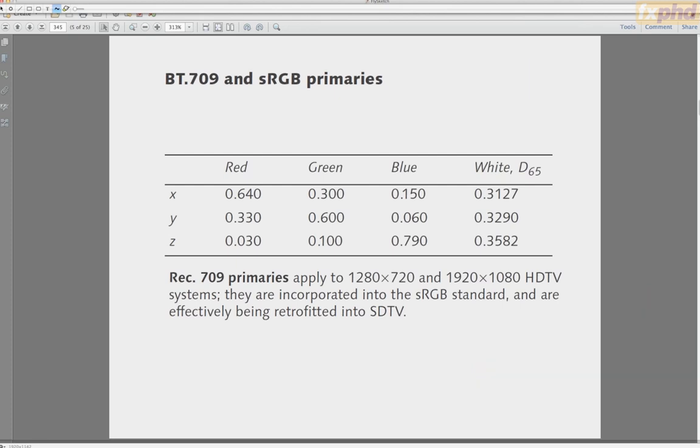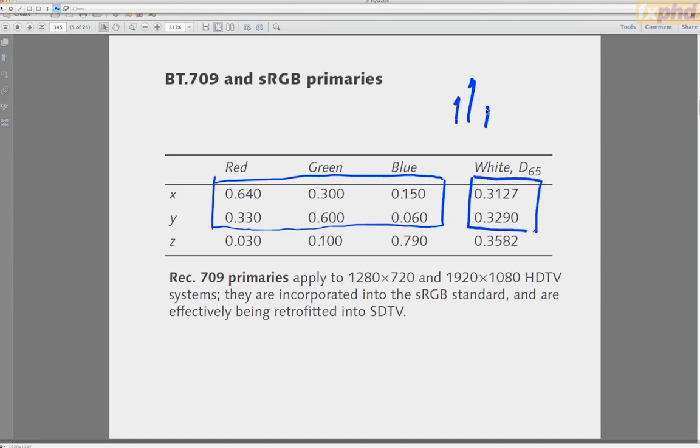Now we specify the additive spaces in terms of the XY coordinates of their red, green, and blue. We also need to specify white because different mixtures of red, green, blue create different white points. You need to standardize that. And for my example, I've chosen D65, although the P3 white point is much closer to D61.